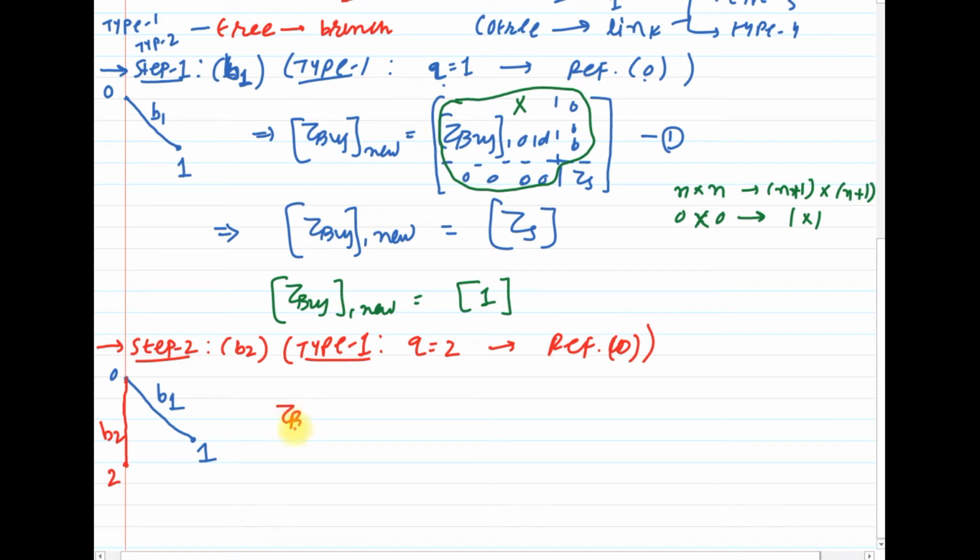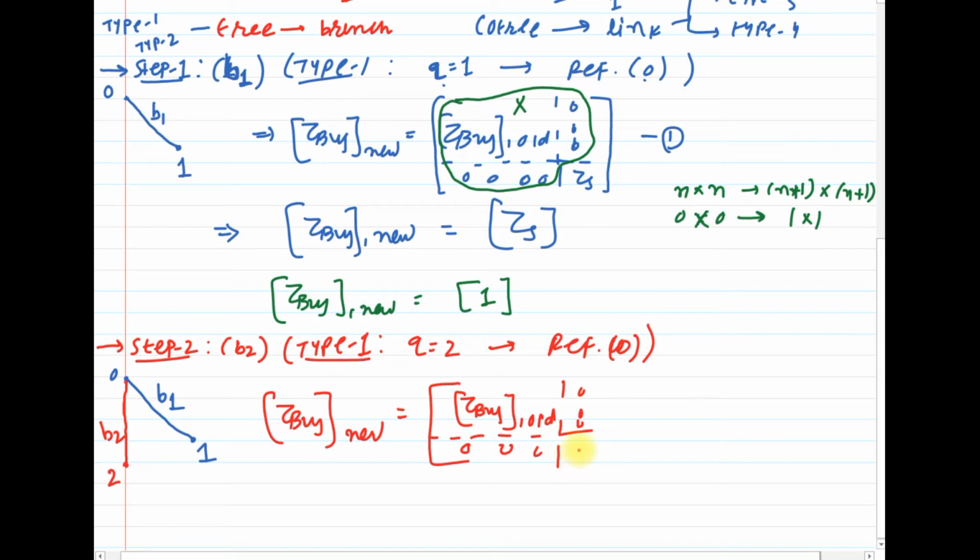So I can write Z bus new is equal to, again writing the entire equation, Z bus old, with all the other elements 0, and the self impedance ZS.